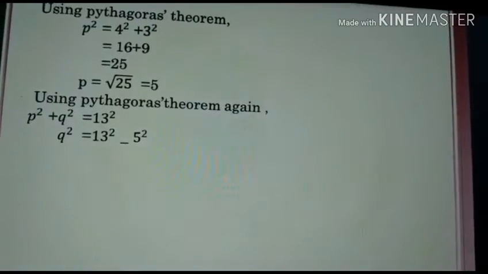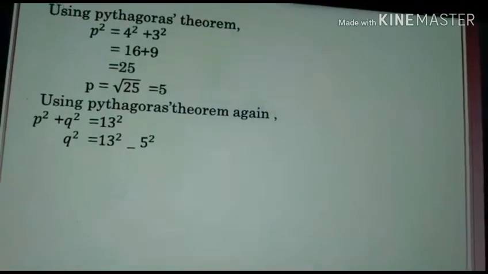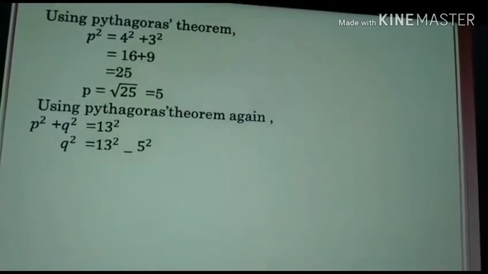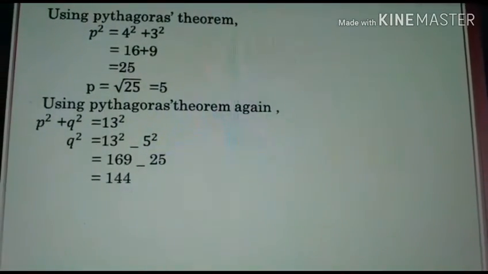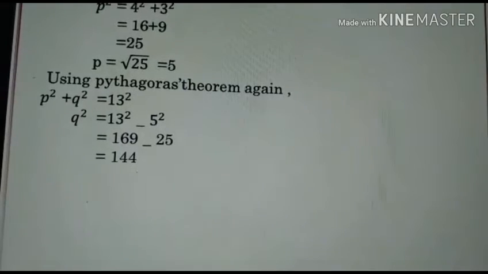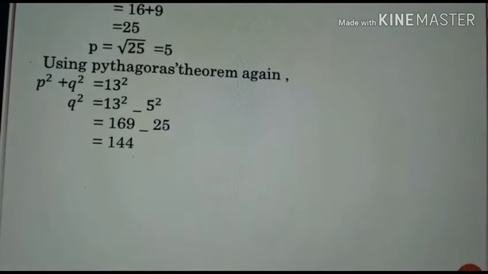What is 13 square? The square of 13 is 169 and the square of 5 is 25. So 169 minus 25 is 144. Use the square root. So square root of Q square equals square root of 144.